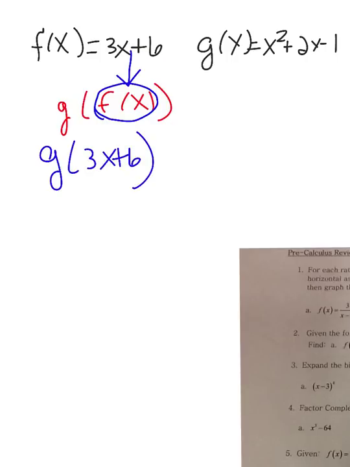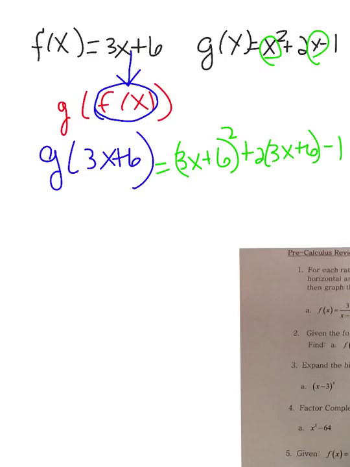So what this means to do is to go to my g function. Wherever I see an x, I'm going to plug in my input, which is 3x plus 6. So it's going to be 3x plus 6, and it says to square my x, plus 2 times 3x plus 6, and then I have minus 1.